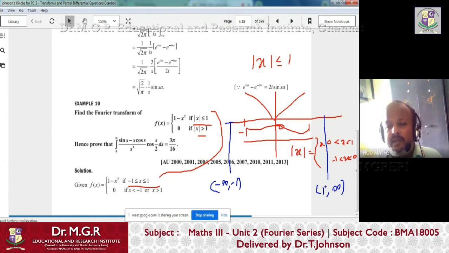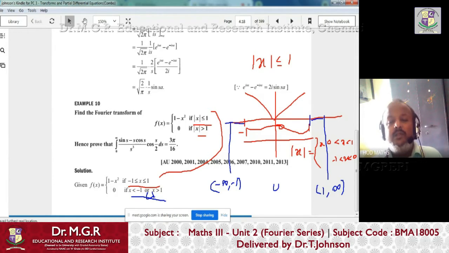So whatever numbers x takes from minus infinity to minus 1, then from 1 to infinity, the union of these two intervals is covered here. So they put x less than minus 1, or x greater than 1, which means union of both the intervals.